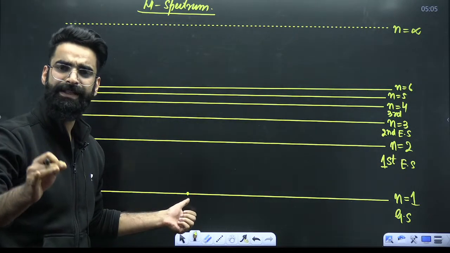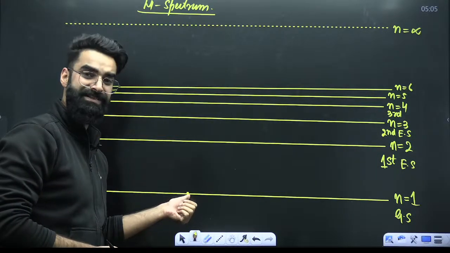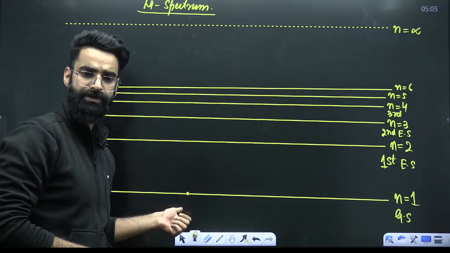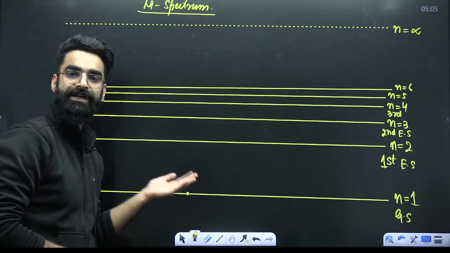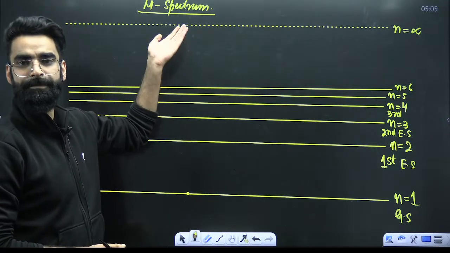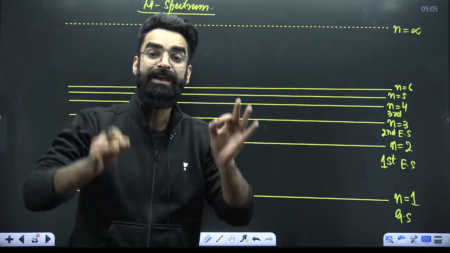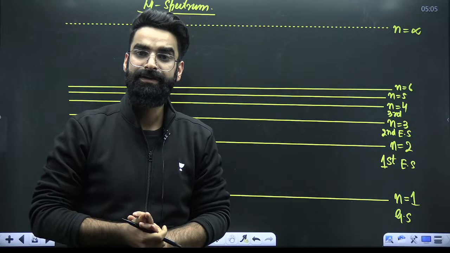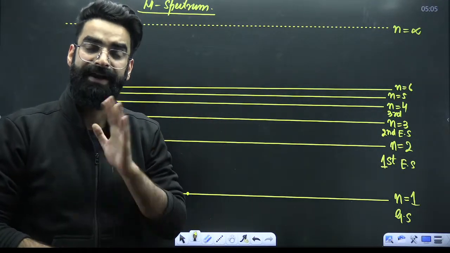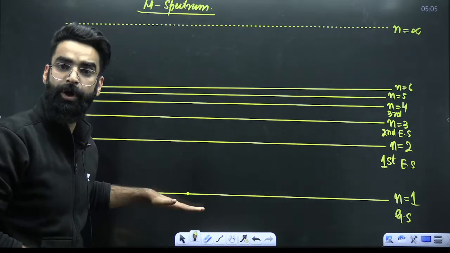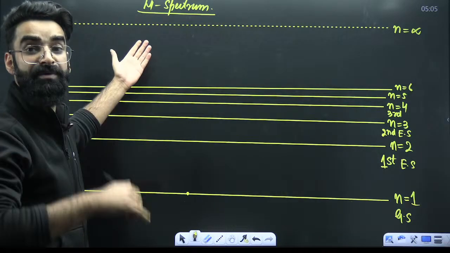For example, assume this electron, which is in n equal to 1 of hydrogen, absorbs some energy. When an electron absorbs energy, it goes into higher energy states. But in the higher energy states, the electron is considered to be very less stable. It only resides there for 10 raised to the power minus 8 seconds.